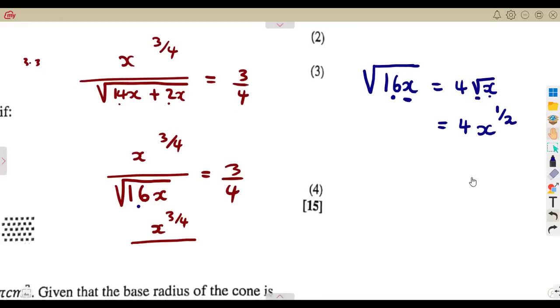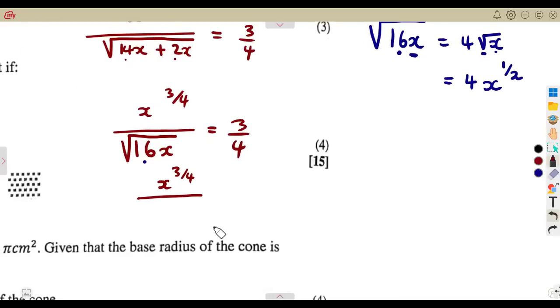So meaning to say this part that we are seeing, we could have written as 4x to the exponent of a half, simplifying this square root of 16x here. All right, so this is equal to 3 over 4. This is where we are.